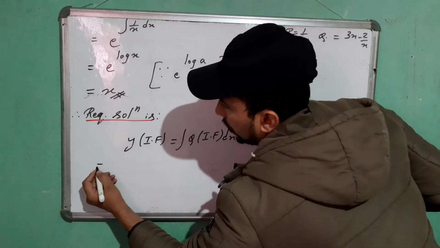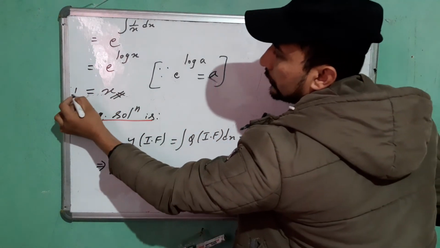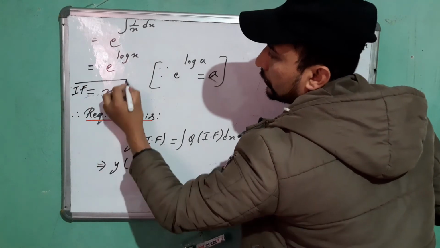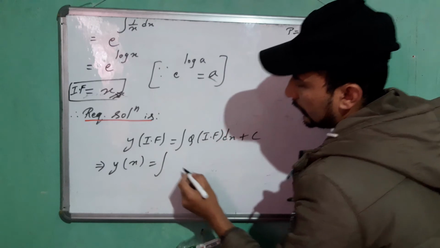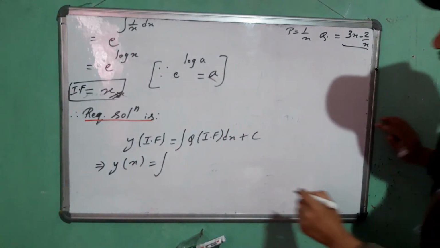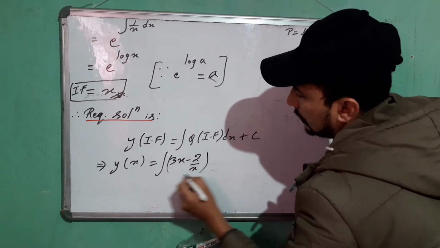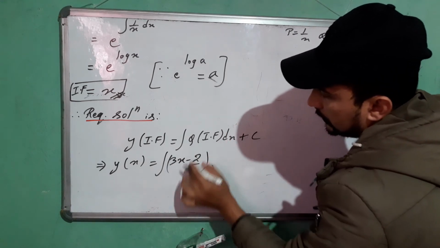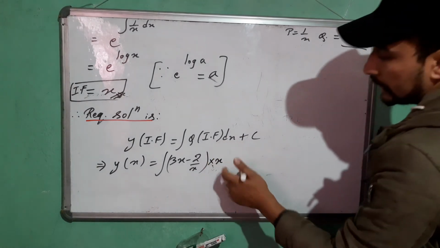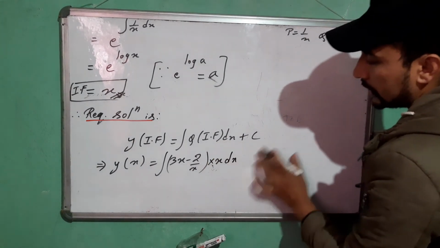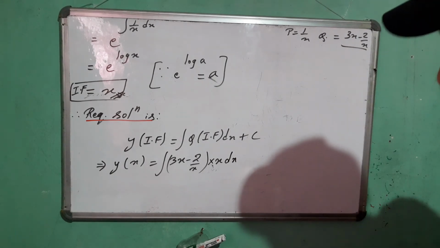So put the value: y is as it is, integrating factor IF is x, equals integration Q, Q is 3x minus 2 by x, into integrating factor x dx. Plus c I'll write later on.